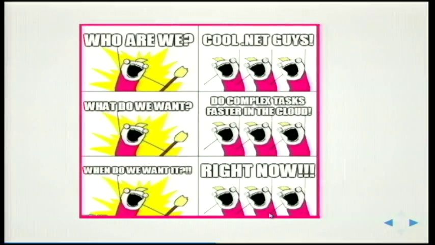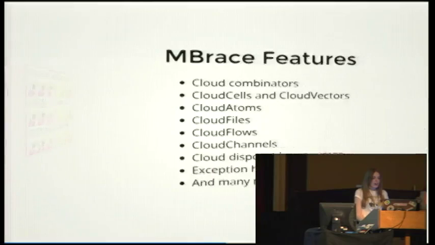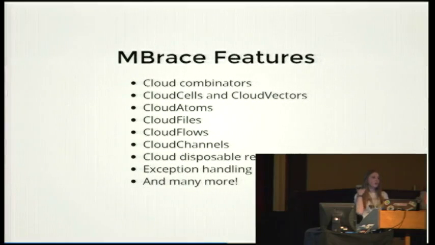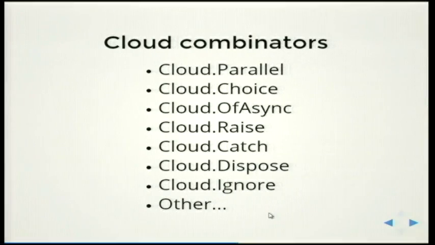Okay, the cluster is ready, everything is ready, and we're super excited to know the features we may use. You already know one of them. We use Cloud Parallel. It's a combinator. There are other interesting combinators. For example, the previous combinator, Cloud Parallel, took the set of jobs and distributed them across worker nodes.